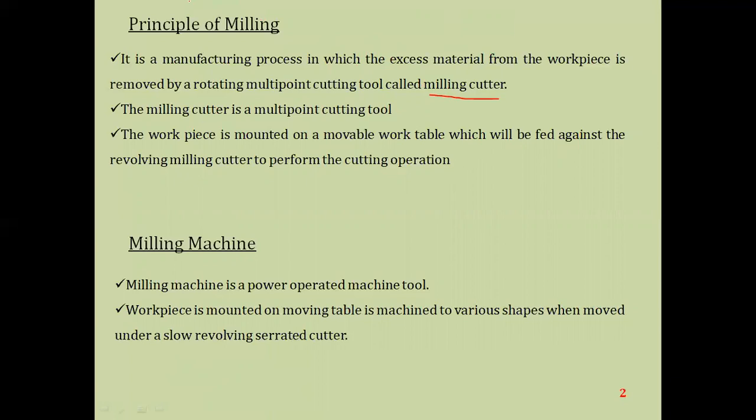Now, what is a milling machine? It is a power operated machine tool, where the workpiece is mounted on a moving table, and this workpiece is machined to various shapes when it moves under a slowly revolving serrated cutter. The cutter, as I told, is a multi-point cutter, and it can rotate on a horizontal axis as well as a vertical axis. Depending upon the design of the product, we use different milling machines.